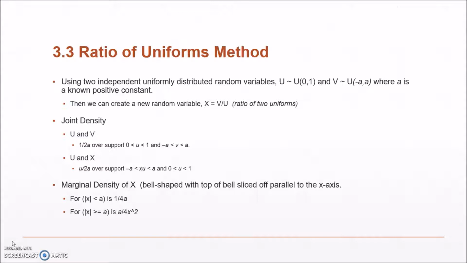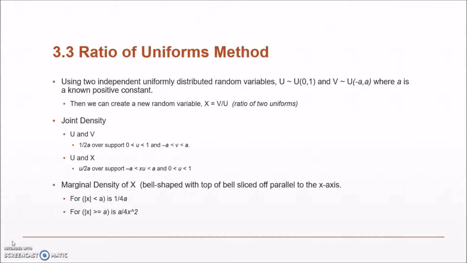Likewise, if we look at the joint density for u and x, again x being v over u, we see that the joint density is u over 2a, over the supports where xu is between -a and a, and u is between 0 and 1.